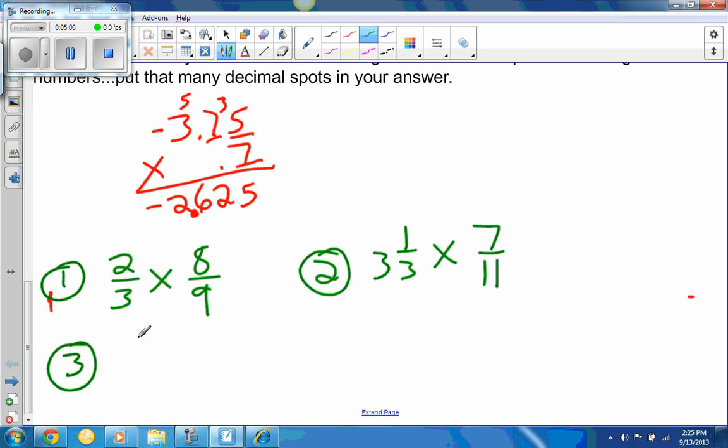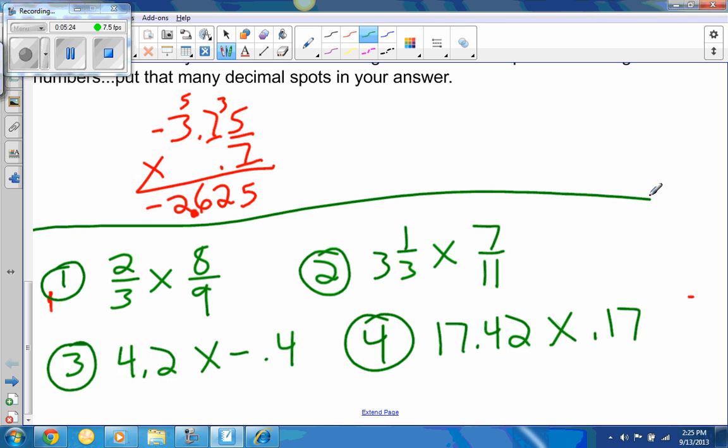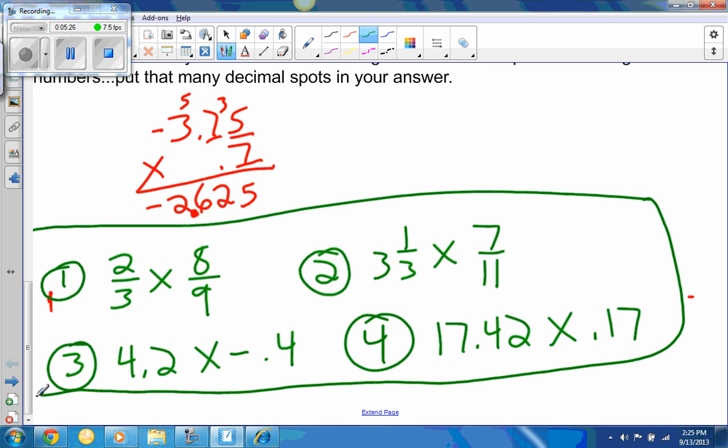Problem number 3, 4.2 times negative 0.4. And problem number 4, let's do 17.42 times 0.17. So I want you to bring these 4 with you, done, to class on Monday.